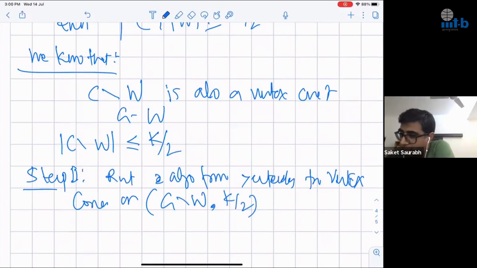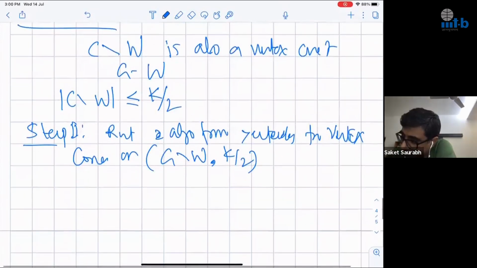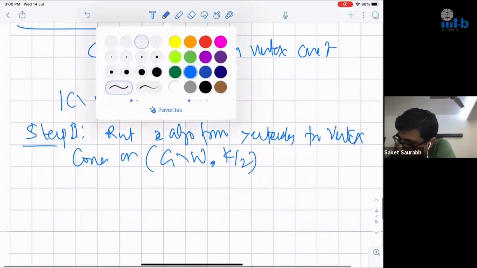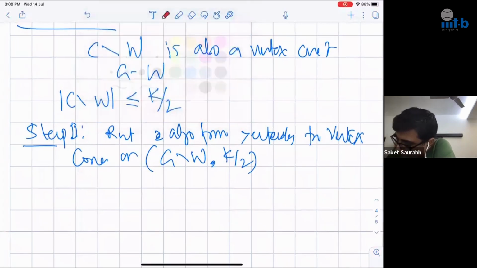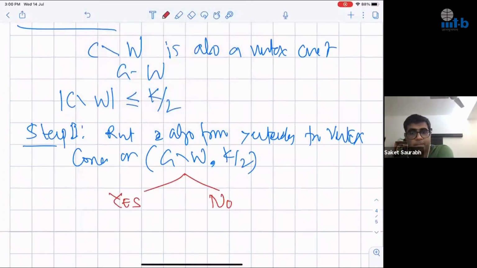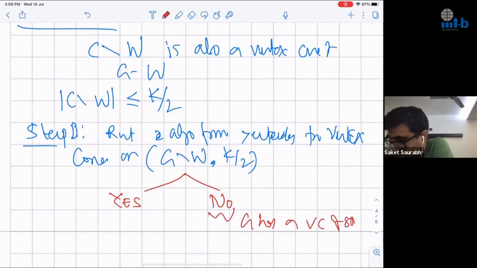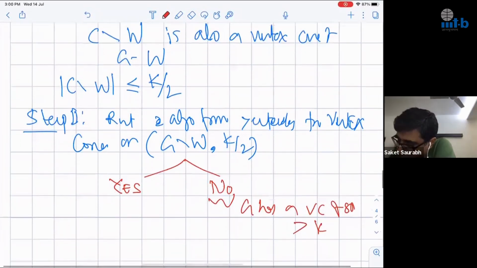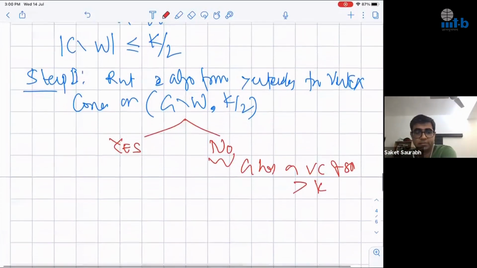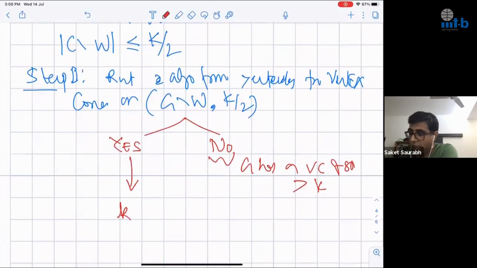Now I have two cases. It returns yes, or it returns no. If it returns no, it implies that G has no vertex cover of size at most k. Great. If it returns yes, I have got a solution of size k by 2.